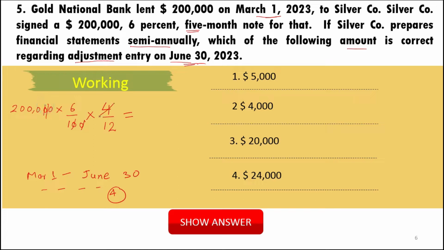After solving, we get 4,000. So 4,000 is the amount of interest payable on June 30. It is the correct answer, 4,000. The other options are wrong, because we have to make an adjusting entry with this amount only on June 30.